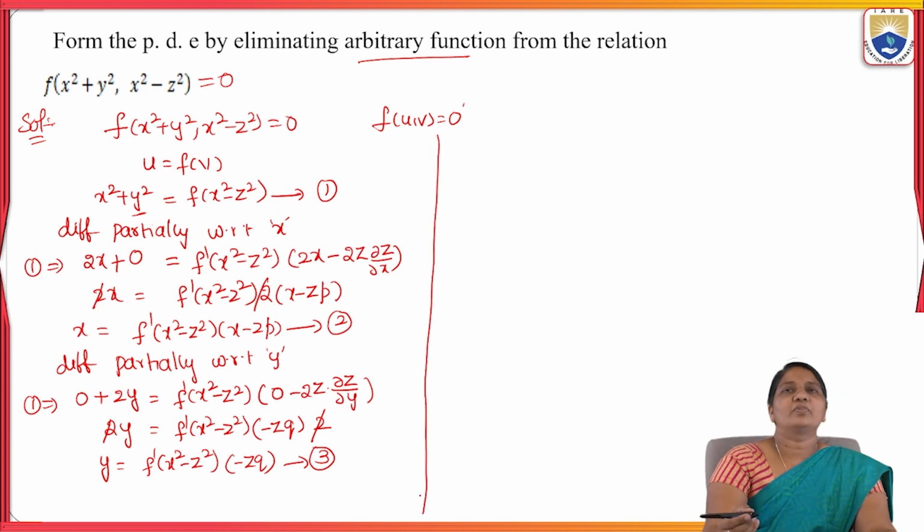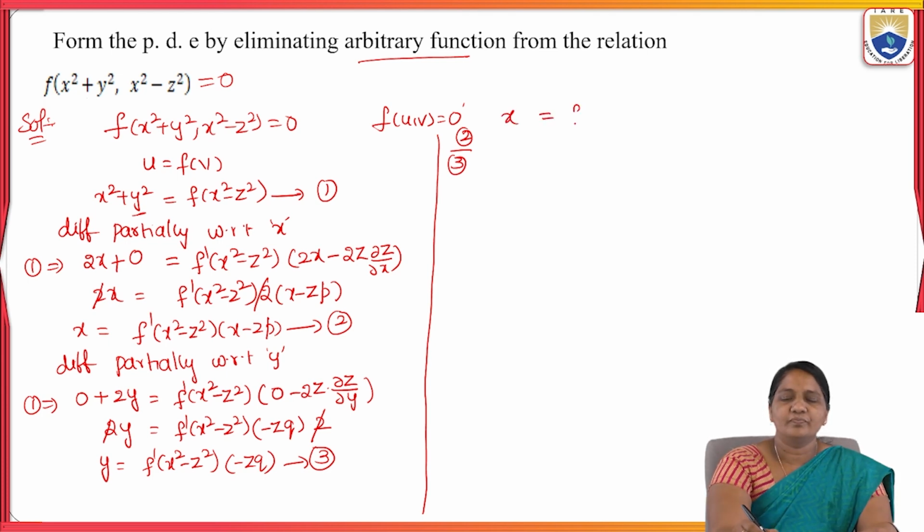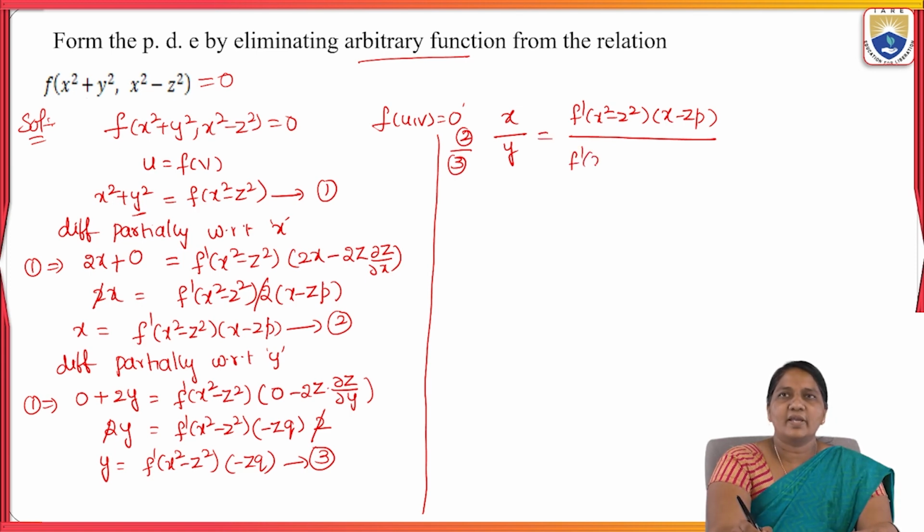Now the third step we are doing, what is that? Simplification. So here equation 2 divided by equation 3. What does it come to? So the second equation is x equal to f dash of (x square minus z square) into (x minus zp), by y equal to y f dash of (x square minus z square) into minus zq.